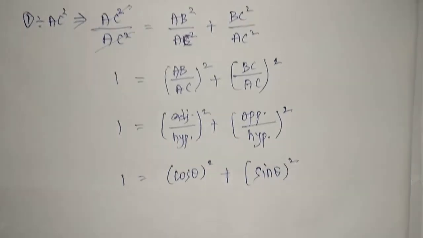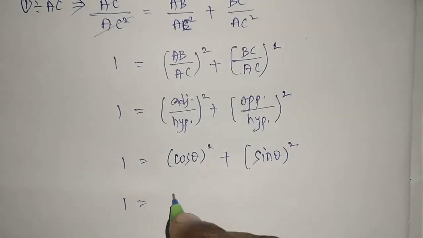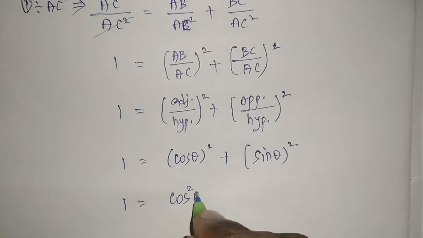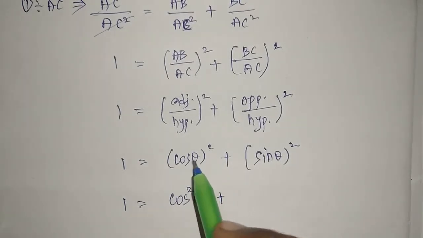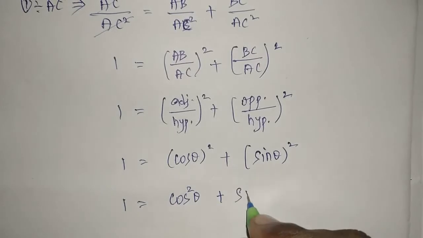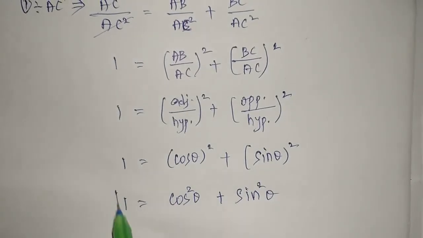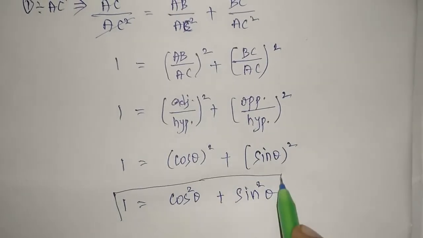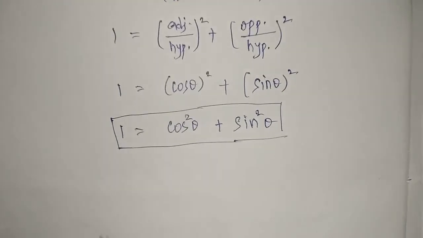Now this function we can write as cos theta whole square or cos square theta, both are the same, because the square is not applicable to theta alone. And sin theta whole square or sin square theta, anything is the same, and this is a very important identity. Now from this we can find two other forms.